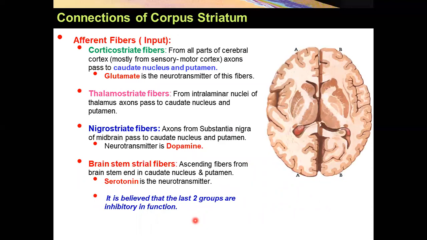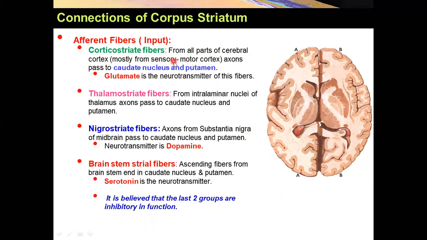Now, let's continue with the connections of corpus striatum. What afferent fibers or inputs does the corpus striatum receive? Well, it receives corticostriate fibers from all parts of the cerebral cortex, mostly from sensory and motor cortex.